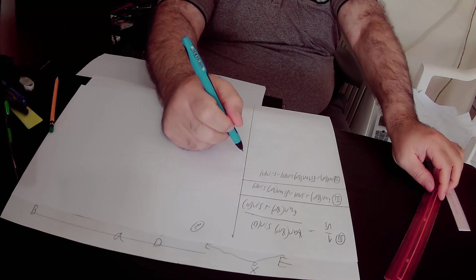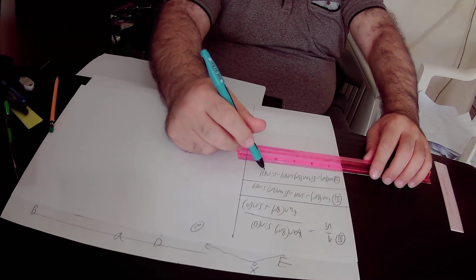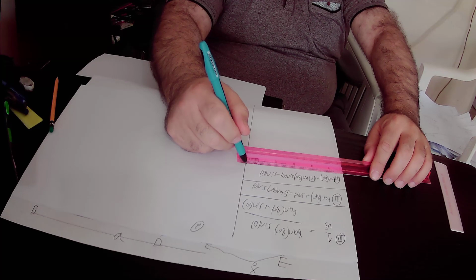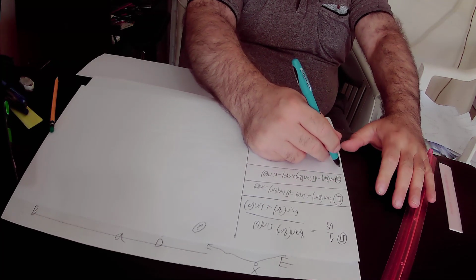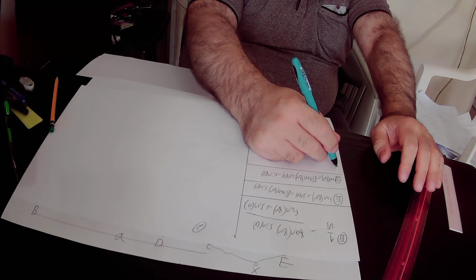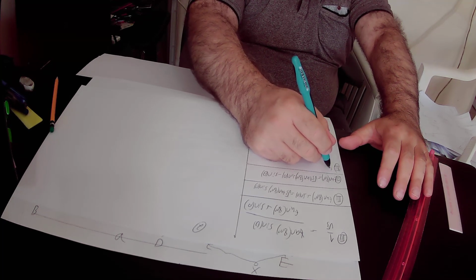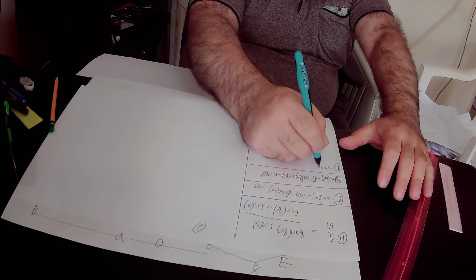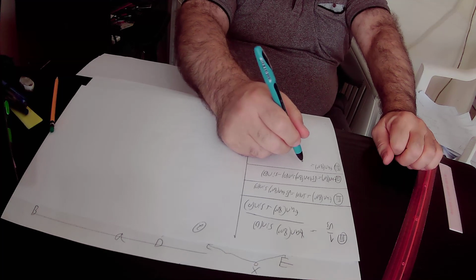So here we'll take sin theta as a common factor on this side of equation number 3, and we will get that tan 80 degrees equals sin theta, which was taken as a common factor.